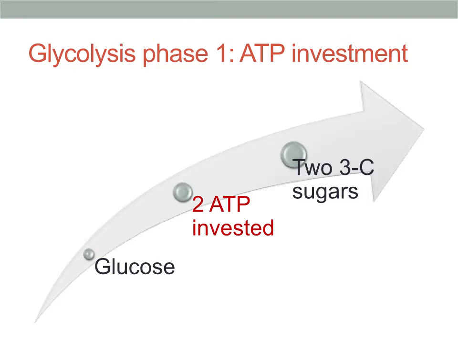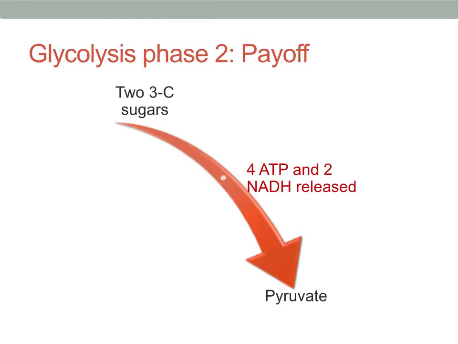And these 2 3-carbon sugars will be used in the next phase that will be called the payoff phase and will give up 4 ATP molecules plus NADH, which is one of the electron carriers. So the last outcome will be the pyruvate molecule.